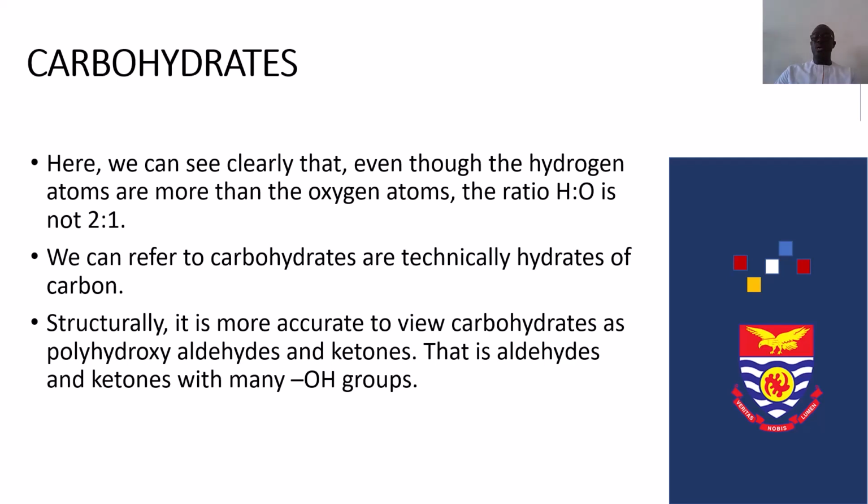We can refer to carbohydrates as technically hydrates of carbon. Structurally, it is more accurate to view carbohydrates as polyhydroxyaldehydes and ketones, that is, aldehydes and ketones with many OH groups.